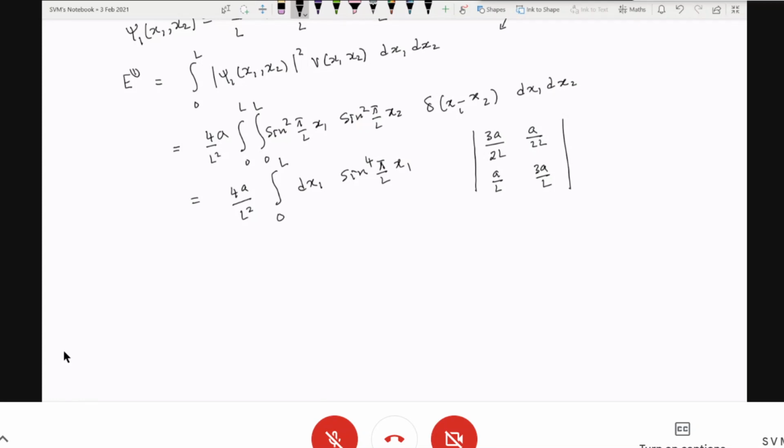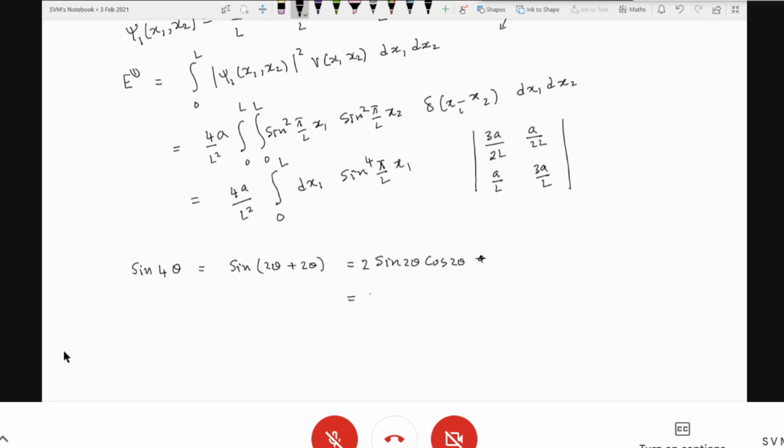You can write probably sine 4 theta. What is sine 4 theta? It is sine of 2 theta plus 2 theta. You can write it as sine 2 theta cos 2 theta plus cos 2 theta sine 2 theta.